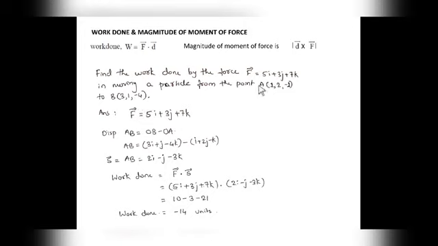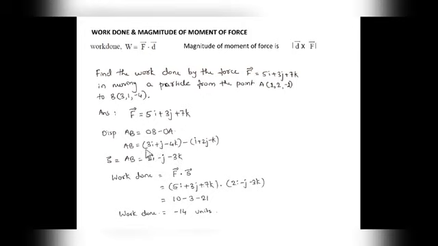First of all, convert these 2 points into the form of vectors. I want the distance between A and B, that is AB. AB will be equal to OB minus OA. OB minus OA will give us the distance between A and B. AB vector is equal to OB, which is 3i plus 1j minus 4k, minus OA, which is 1i plus 2j minus 1k.